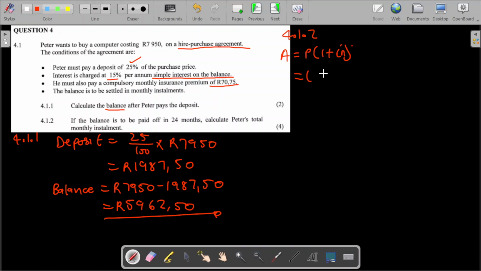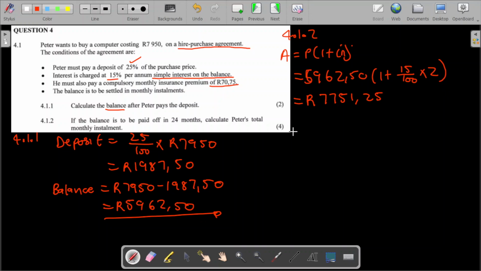So it's 5962.50 times (1 plus 15 over 100, times 2). The accumulated amount is 7751.25.